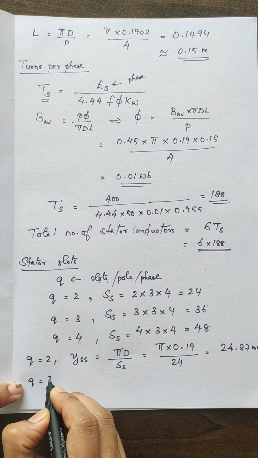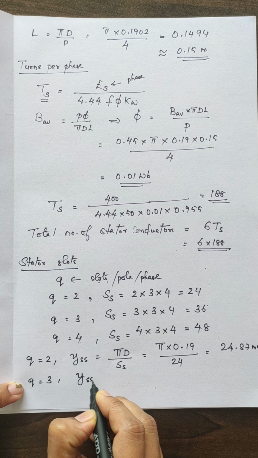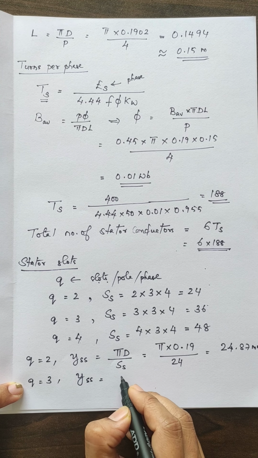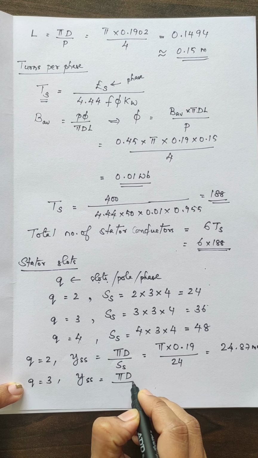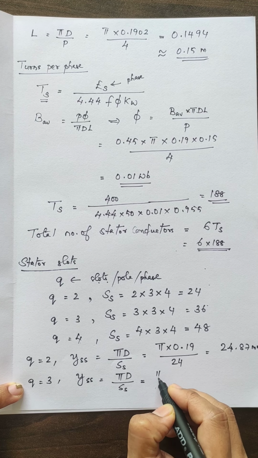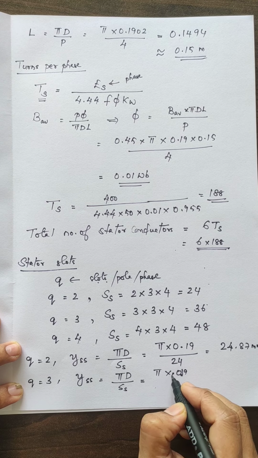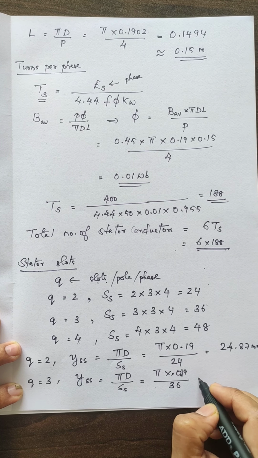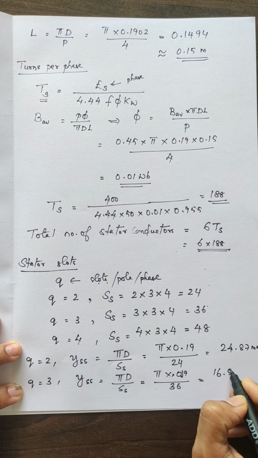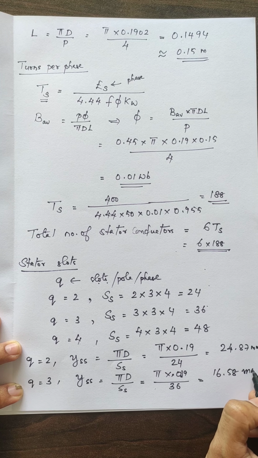Then with Q equal to 3, we will get YSS equal to pi D by SS, equal to pi into 0.19 divided by 36, which is equal to 16.58 mm.